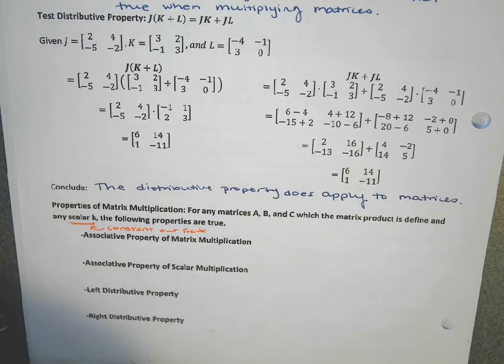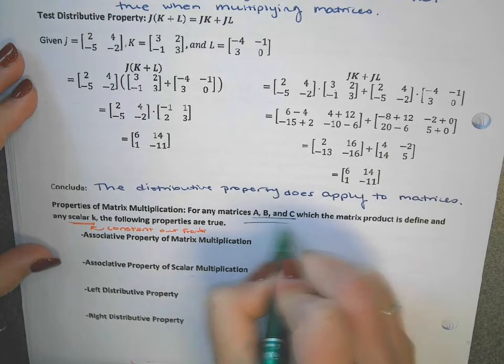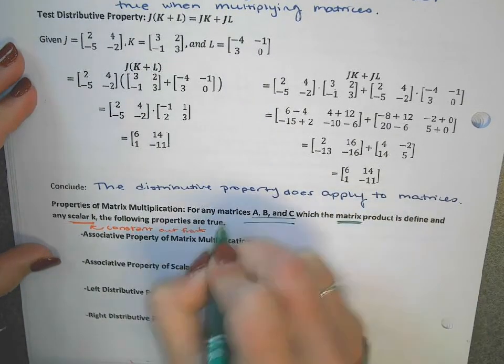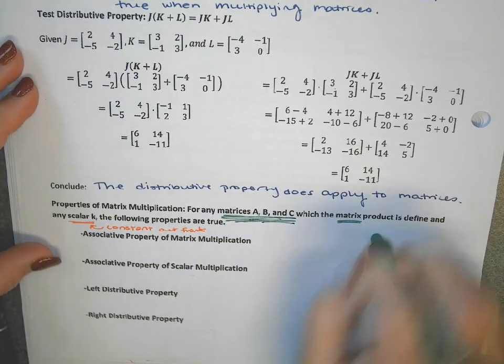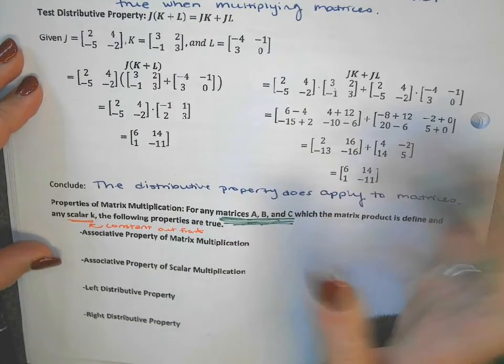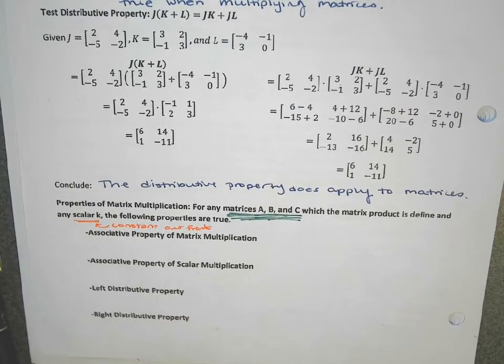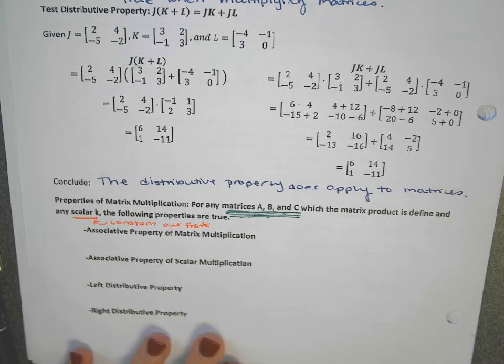So it's important that you think about A, B, and C are matrices, right here. A, B, and C are matrices, okay? K is your constant. K is just a number. It's not a matrix, okay?